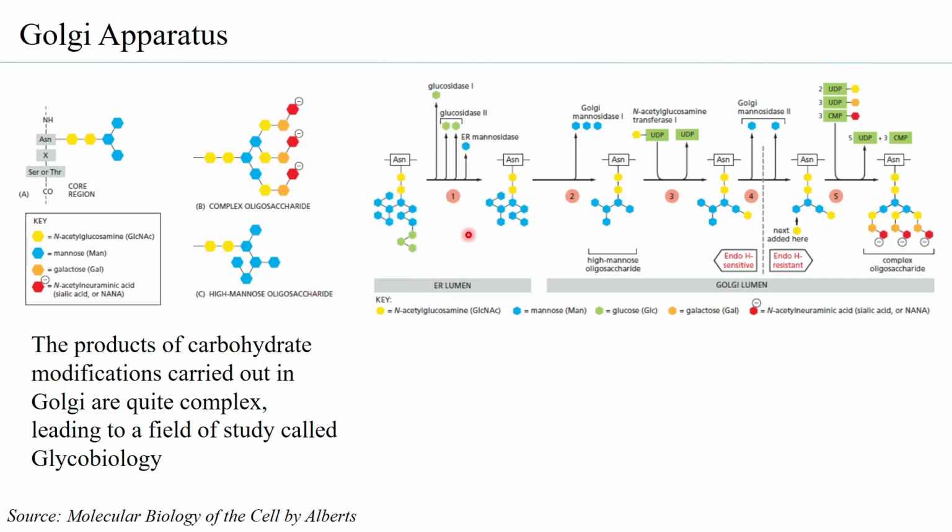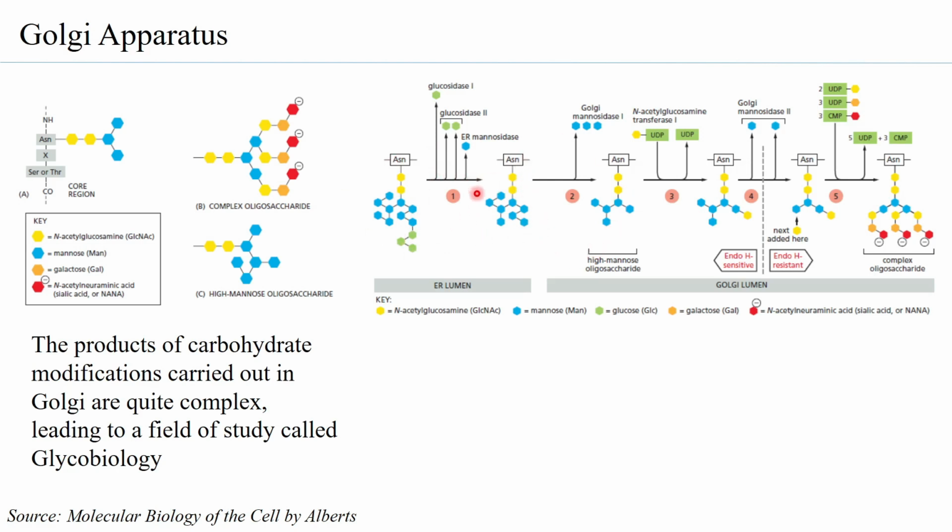You can see that in the endoplasmic reticulum, what was added as an oligosaccharide moiety had 14 sugar residues: 2 N-acetyl glucosamine, 9 mannoses and 3 glucose. Now within the ER itself, this sugar moiety can be trimmed down or altered, and then the altered protein with the oligosaccharide is transferred to the Golgi.